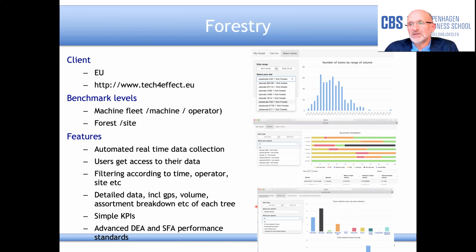We would like to benchmark those operations, and you can do that from different perspectives. Again, you could do it for the individual machine, you can even do it for a given operator of a machine. Then you can do it for a given machine that might be operated by different persons over the course of the day, and you can do it for a group of machines that some machine owner has, so at the machine fleet level.